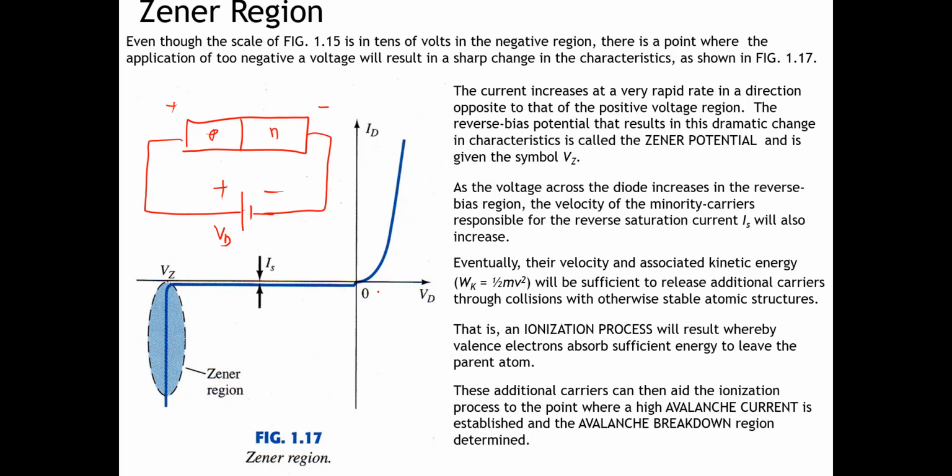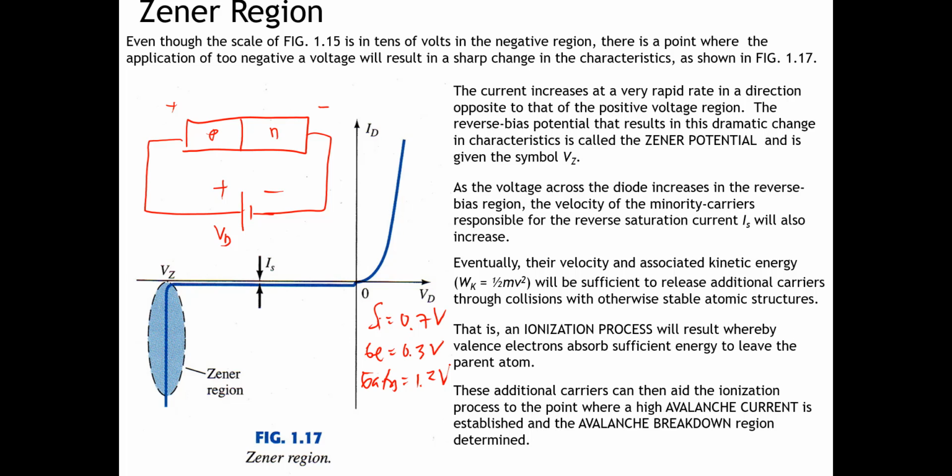For silicon the knee voltage is 0.7 volt, for germanium it is 0.3 volts, and for gallium arsenide it is 1.2 volts. Before this voltage, the diode cannot deliver a current.